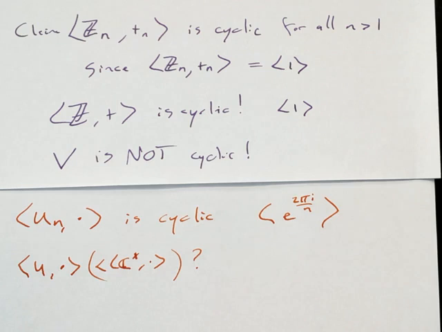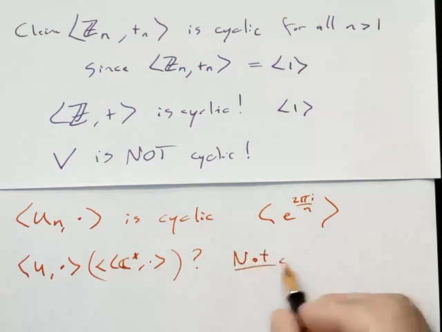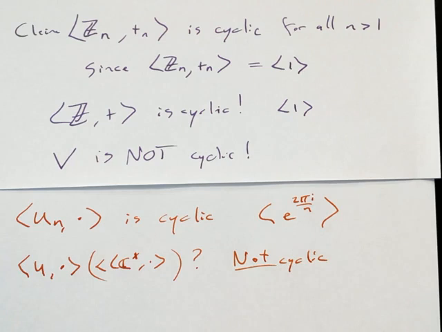Itself is twofold. One, in U, it to generate. In Z, I can get the identity. But in U, there's no place to start with, right?